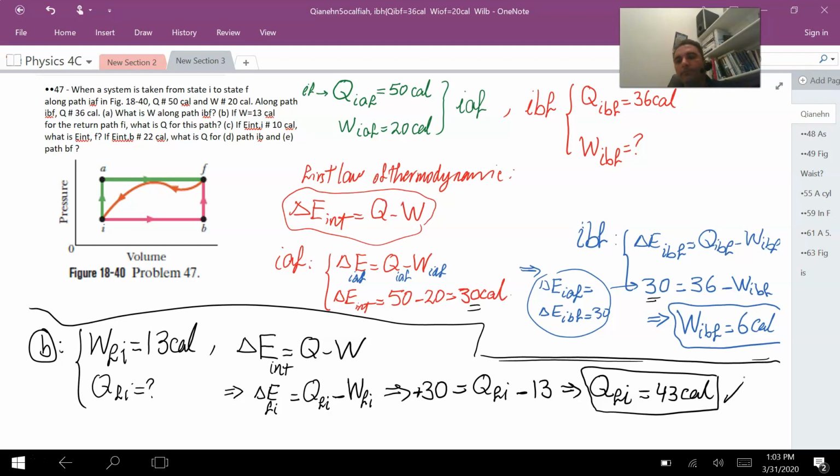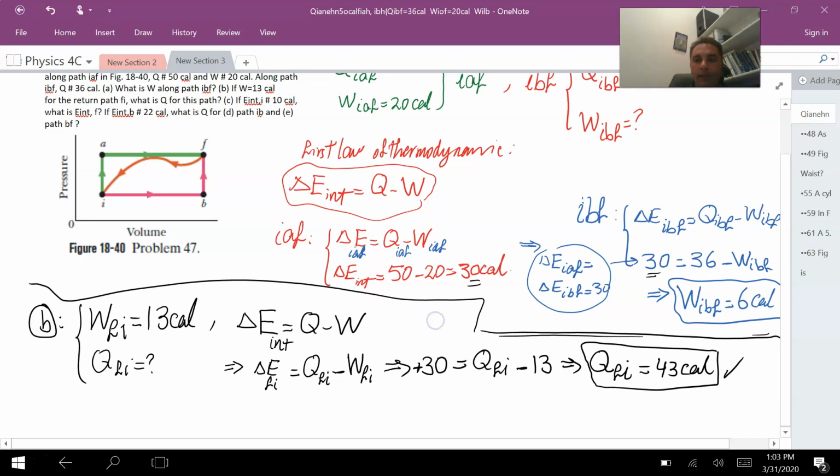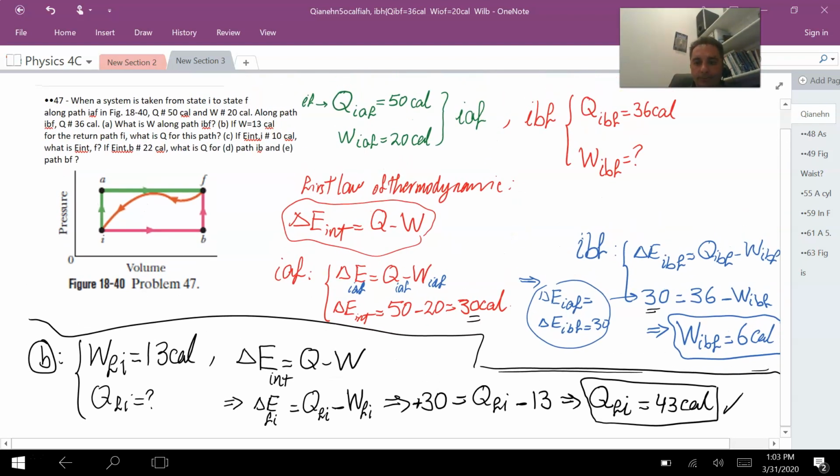Okay, now next section. Part C: if the internal energy E at point I is 10 calories, what is the internal energy E at point F?